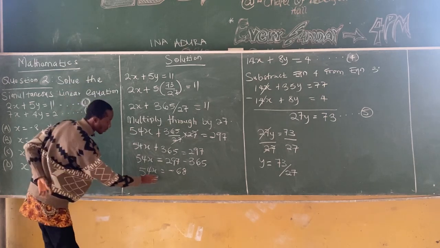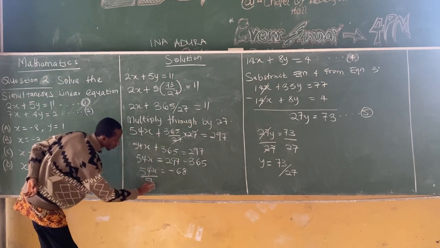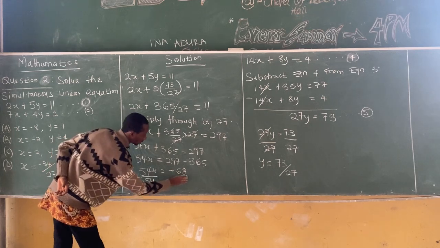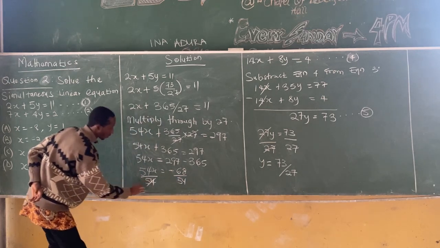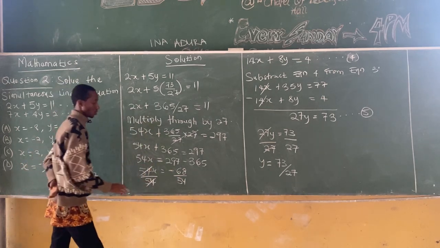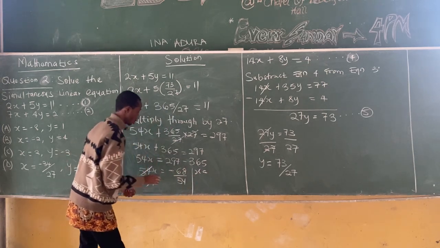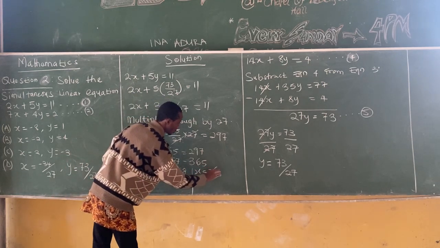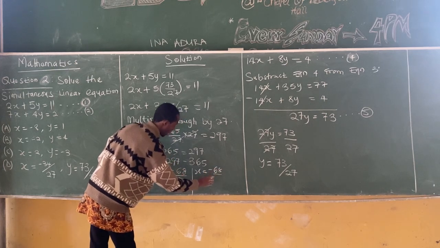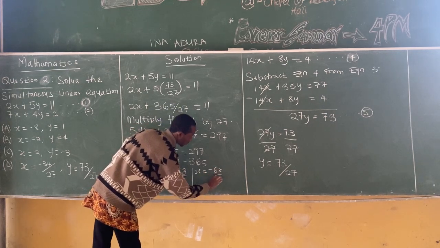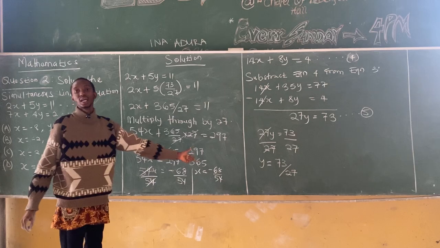So when we divide both sides by 54, 54 here will cancel this. We have x is equal to minus 68 over 54. Is there anything that can divide this thing further?